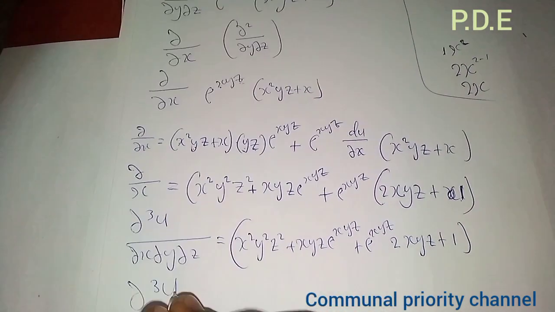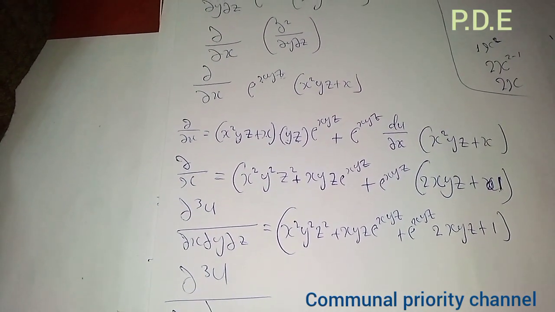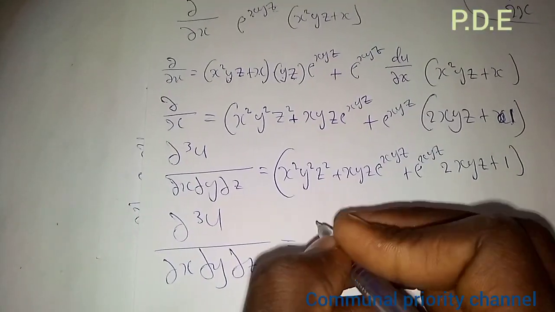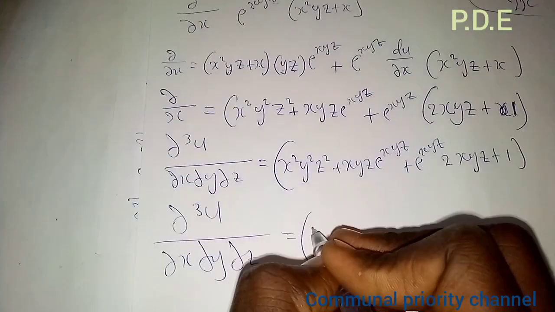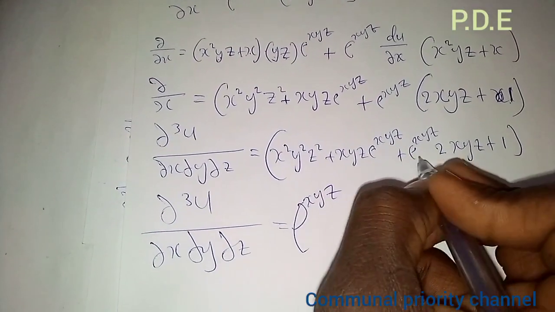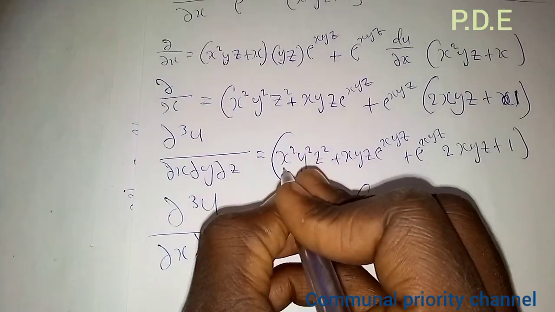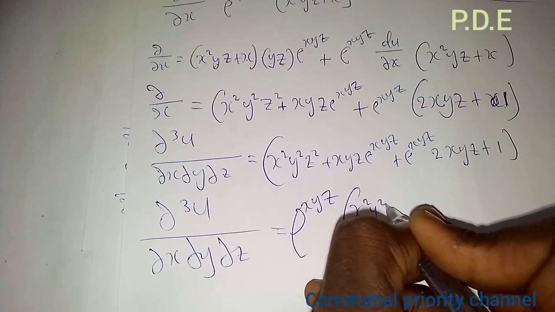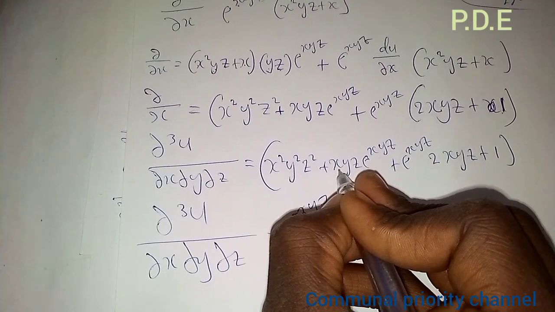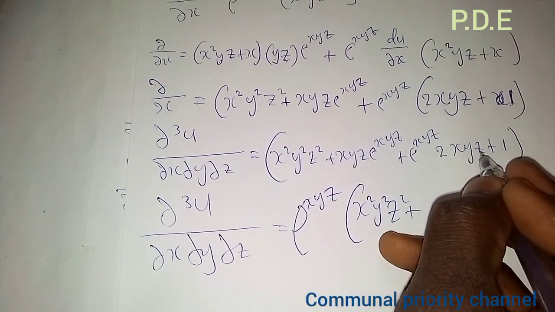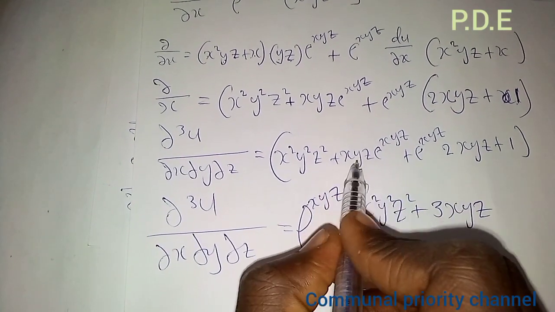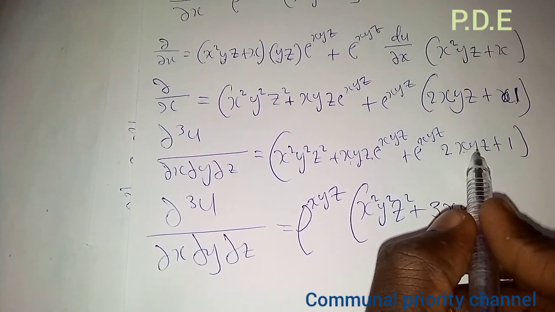Now our del cube u all over del x del y del z will be equal to, open bracket, exponential x y z, because it's common from both sides, so we factor one of them out. So open bracket, put your x square y square z square, then plus, we have x y z and we have 2xyz, so we are going to add them to be 3xyz, because this is xyz and this also 2xyz.